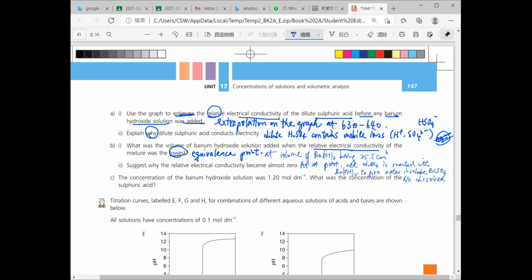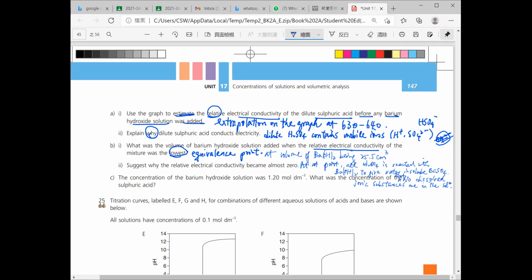Almost no dissolved ionic substances are found in the solution. So the electrical conductivity drops to the minimum.